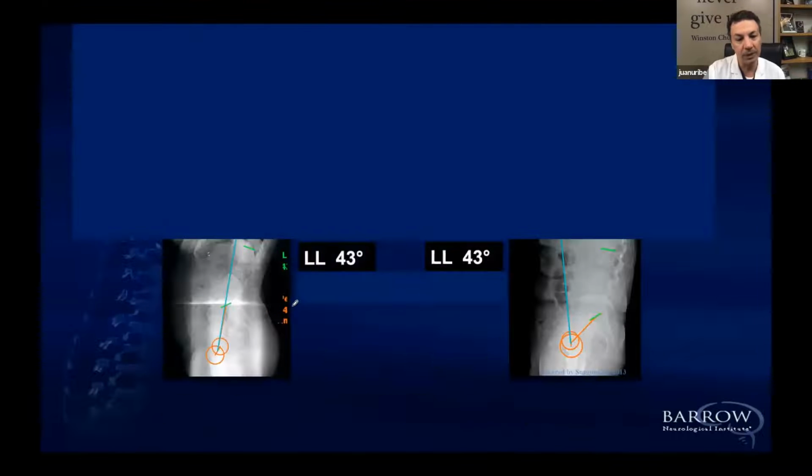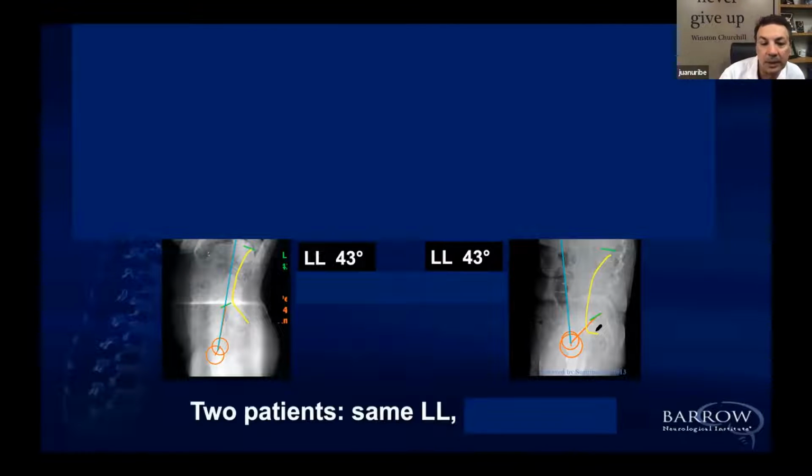And then the other thing, I want you to look at this case. These are two patients with x-rays from L1 to the pelvis. You measure the lordosis: 43 degrees, 43 degrees. But this is very interesting.